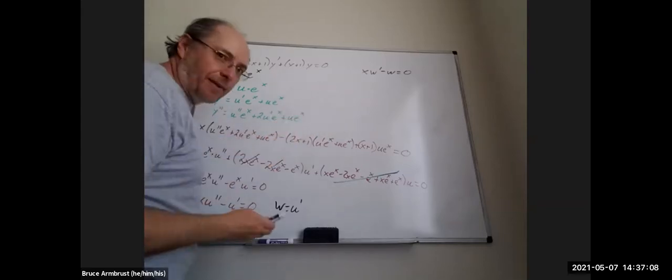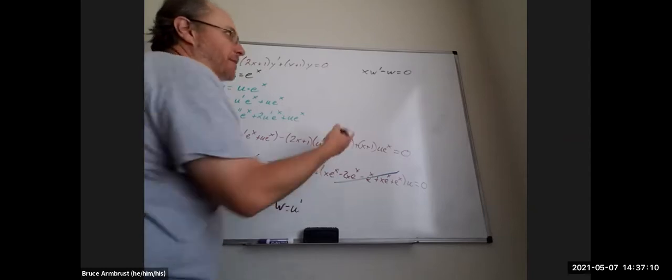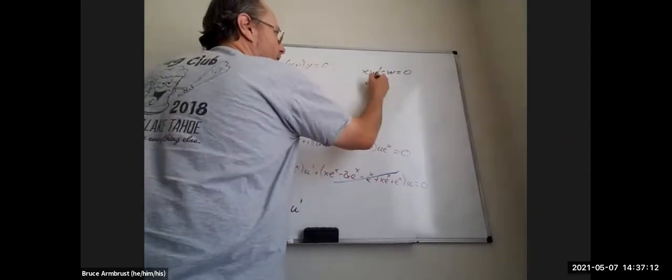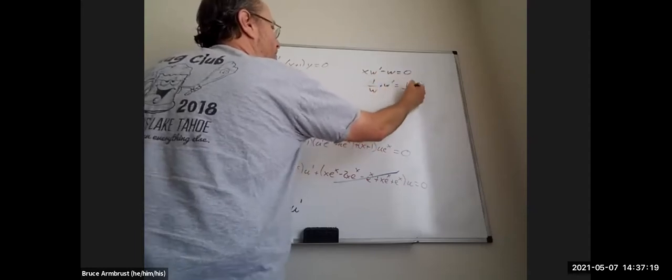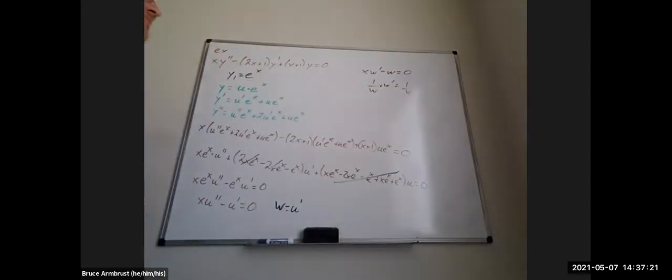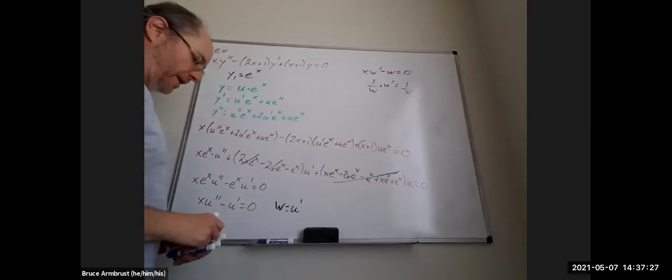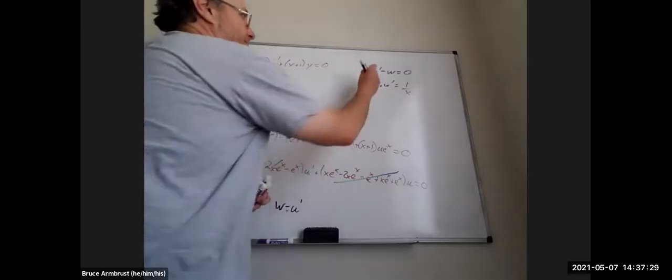All right, well, this one, I'm actually going to solve by separating. This becomes 1 over w times w prime equals 1 over x. So we can do a real quick integral on that one.